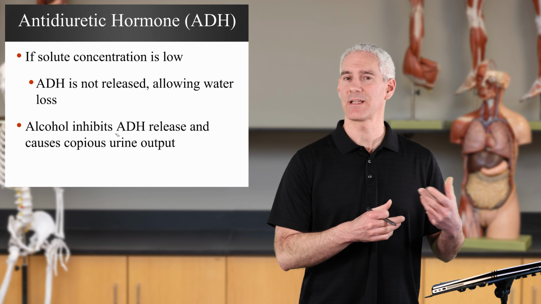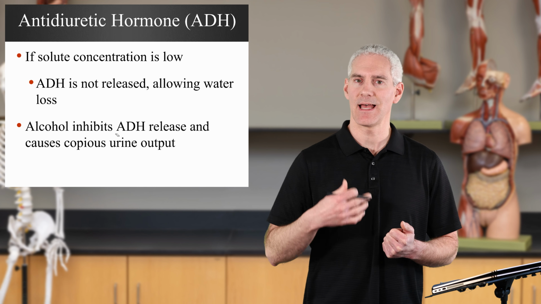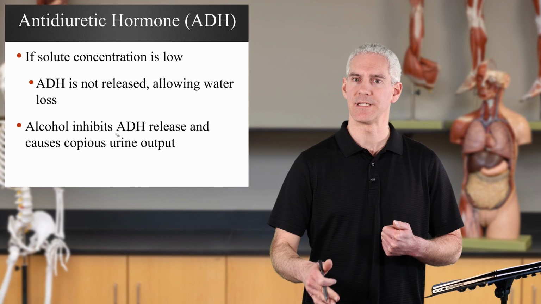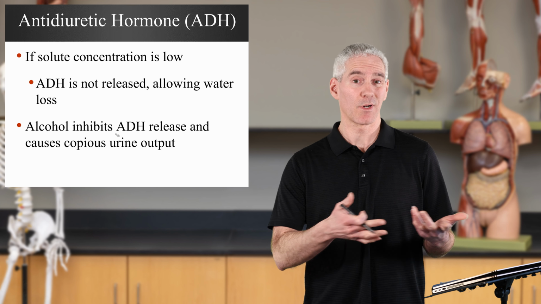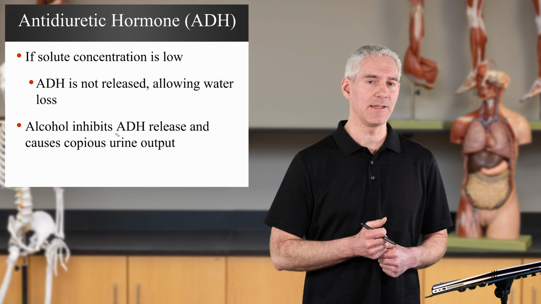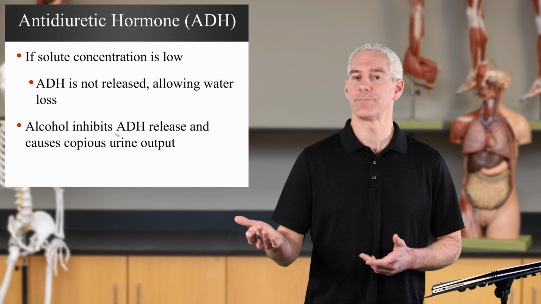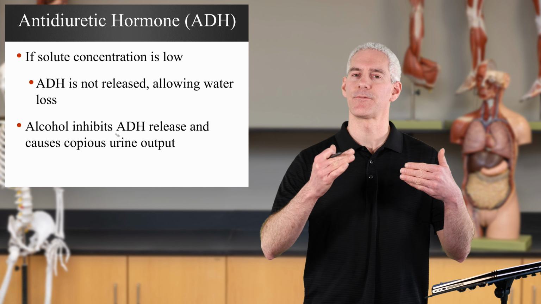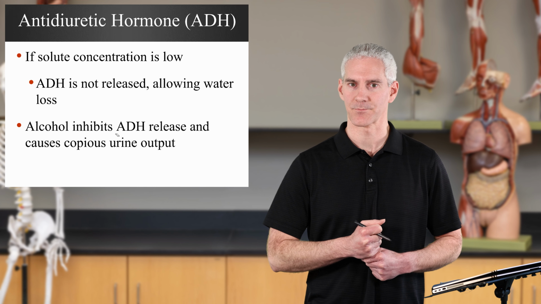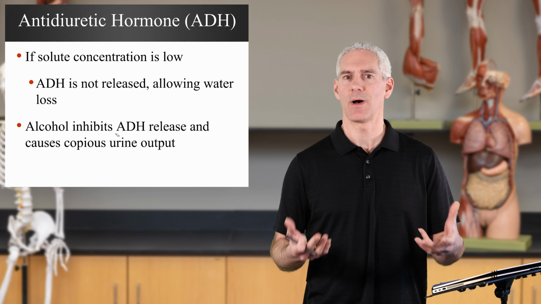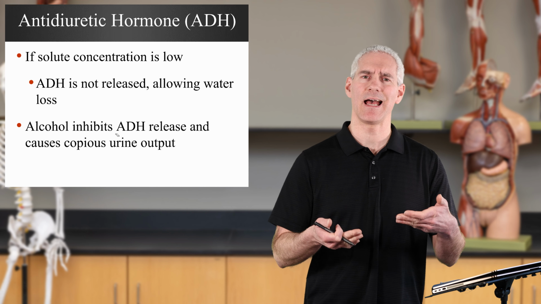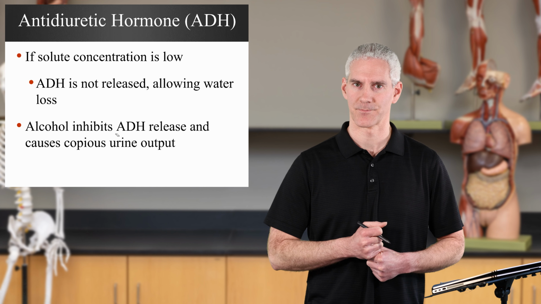So even if your solute concentration is high, you're still having an increased amount of fluid being released from your body. And that's one of the reasons why if you drink a lot in the evening, next morning you might have a hangover. That hangover in part is because your fluid levels are off in your body. Your concentration of solutes is too high. You typically don't have enough water in your system.